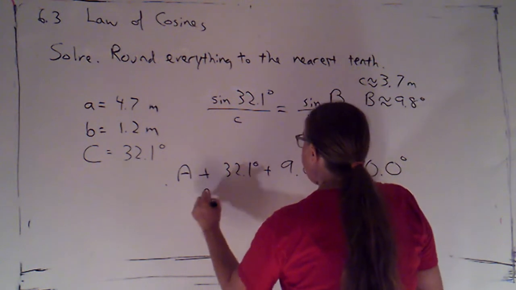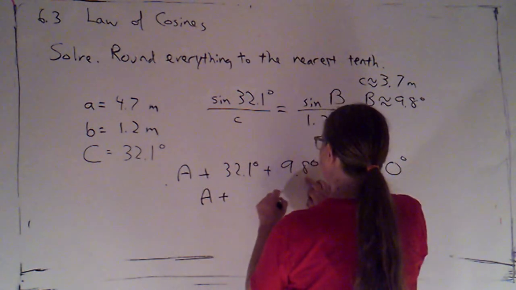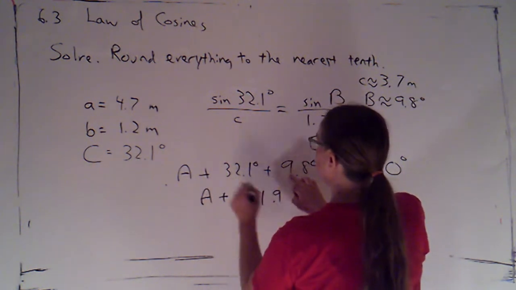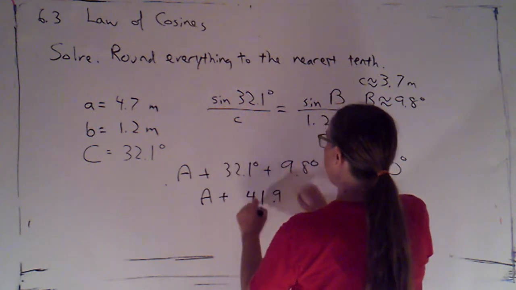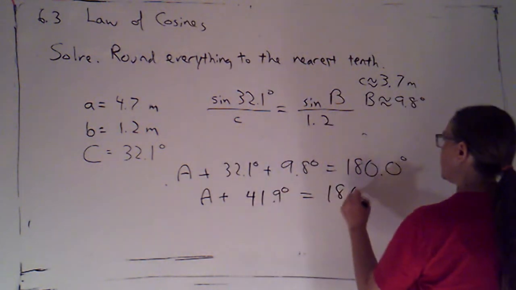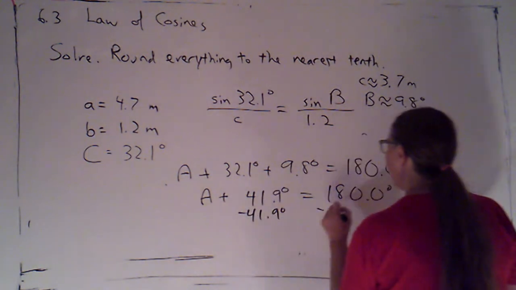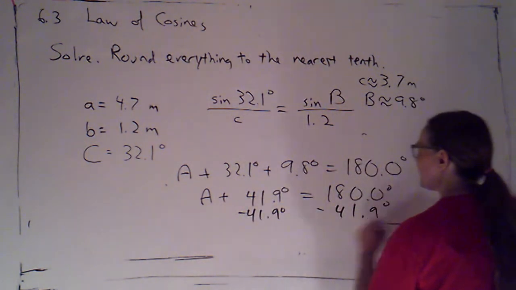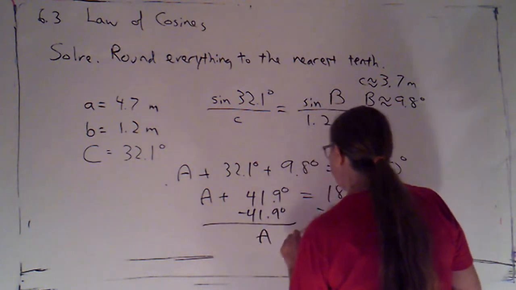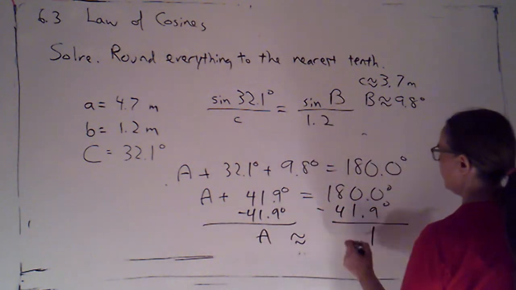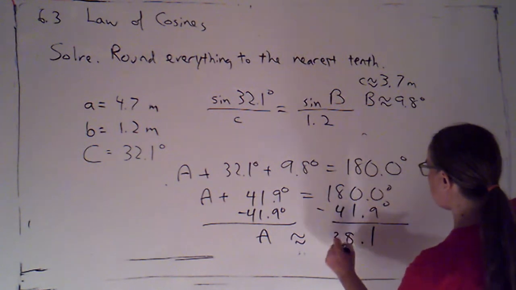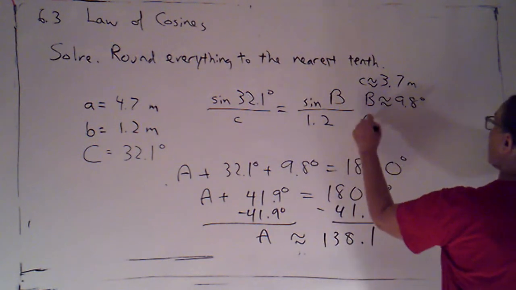Let's see, that's A plus 41.9 is 180.0. I'm going to subtract the 41.9. And so A is approximately 138.1 degrees.